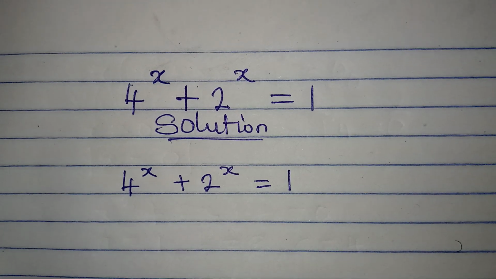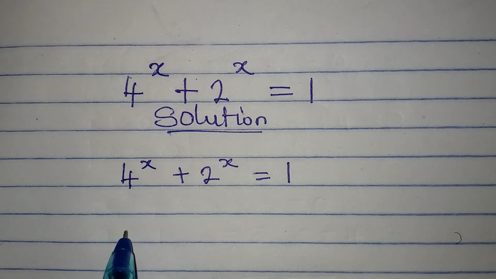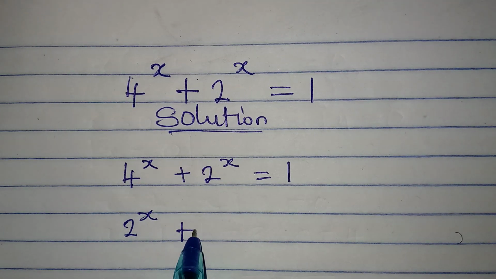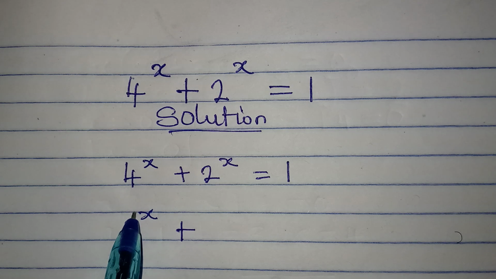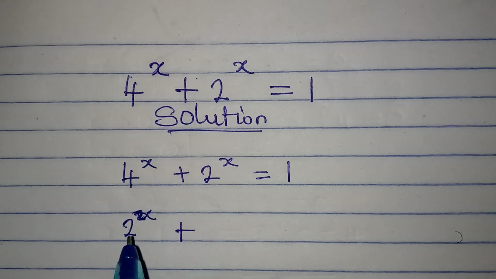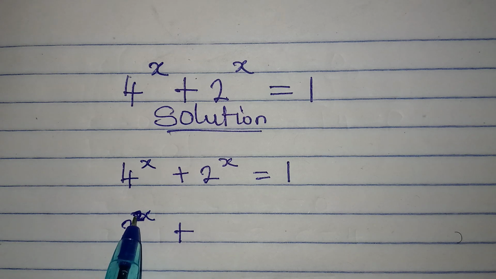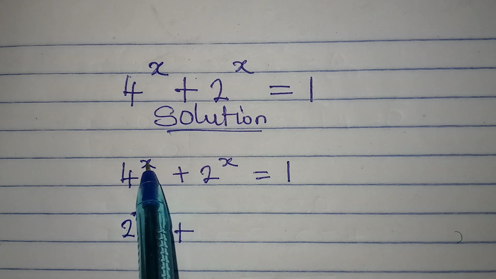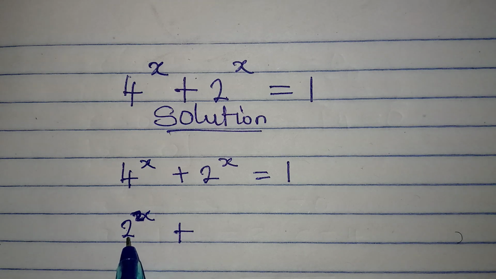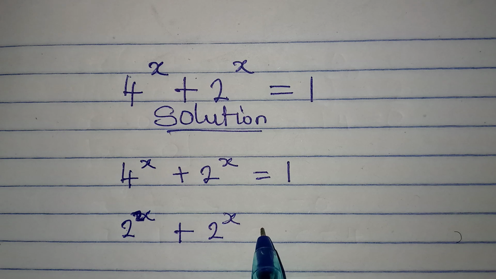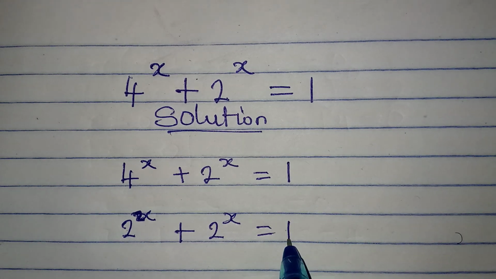This is the same thing as 2 to the power of 2x, because 4 here is 2 to the power of 2, then multiplied by the power x, to give us 2 to the power of 2x plus 2 to the power of x equals 1.